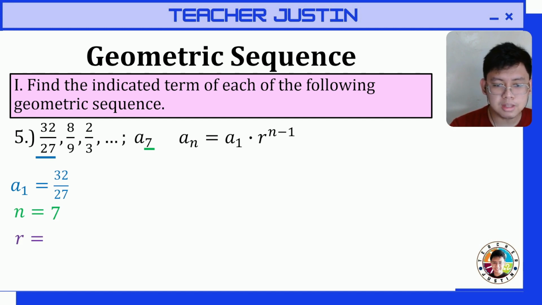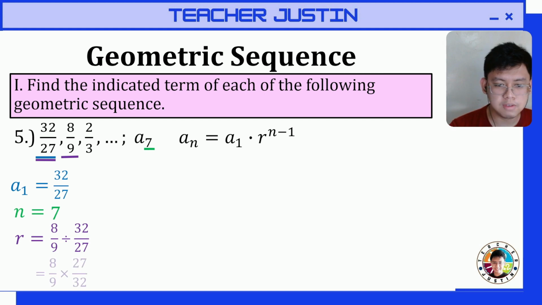Now, our common ratio, to get the common ratio, we will divide our second term by the first term. So, it will be 8 over 9 divided by 32 over 27. Now, let's divide this fraction by getting the reciprocal of our divisor.